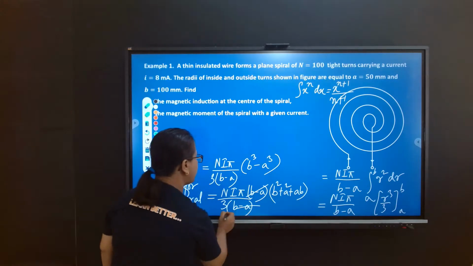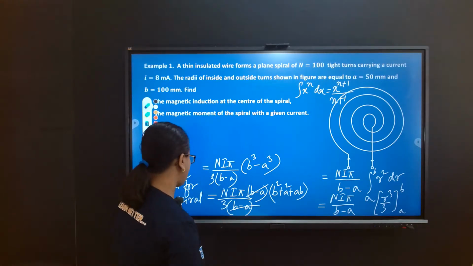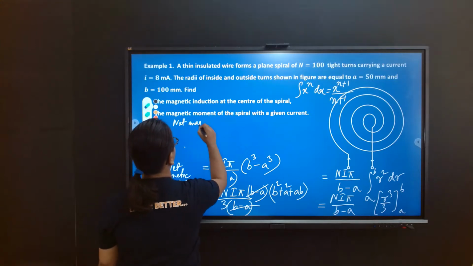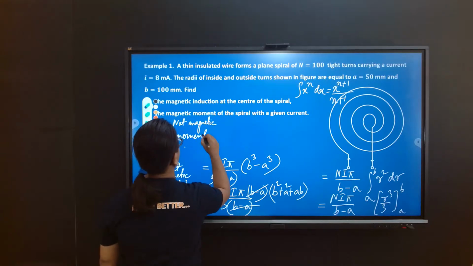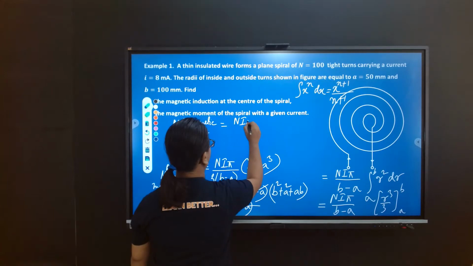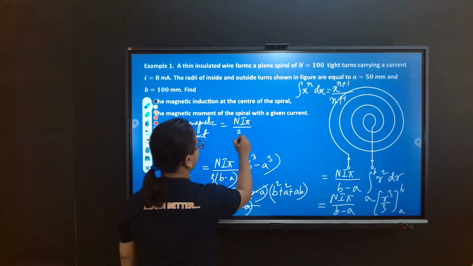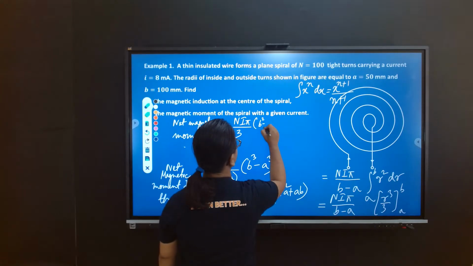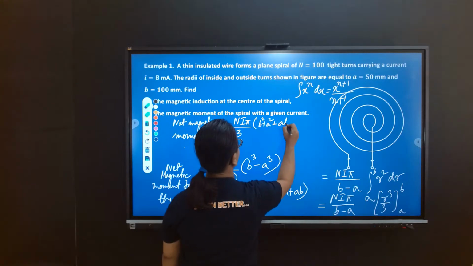So we see that b minus a gets cancelled out, finally giving the net magnetic moment as n I pi by 3 times b square plus a square plus ab.